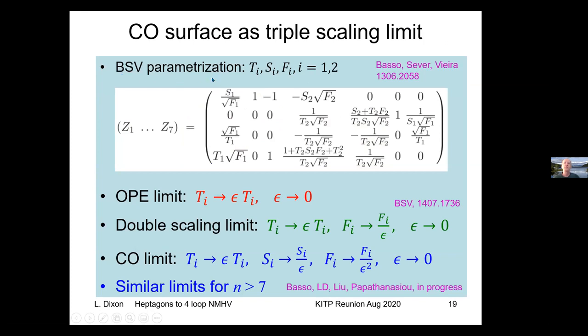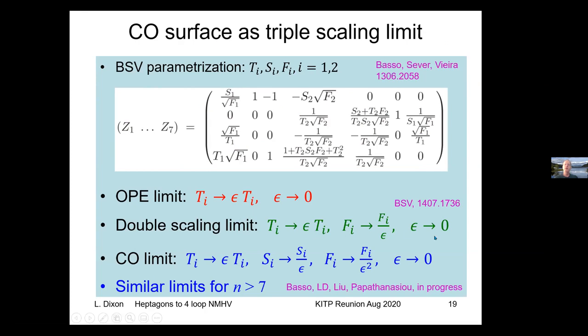There was a parameterization of the endpoint amplitudes by Basso, Sever, and Vieira, which in the 7-point case corresponds to momentum twistors, which have this property. So you can compute all the 4 brackets from this. And if you take the OPE limit that they were originally interested in, that sends the t's to 0, keeping the other guys fixed.